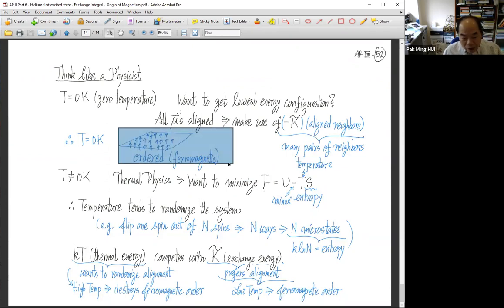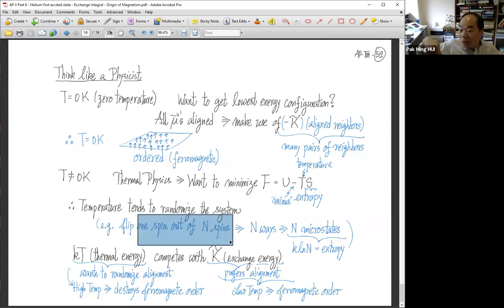Start with an ordered thing. If you just pick one spin and flip it, that will be a disorder out of the original ordered situation. Okay? Now, you count how many ways you can flip one spin out of N. You can pick any one to do, so you have N ways.